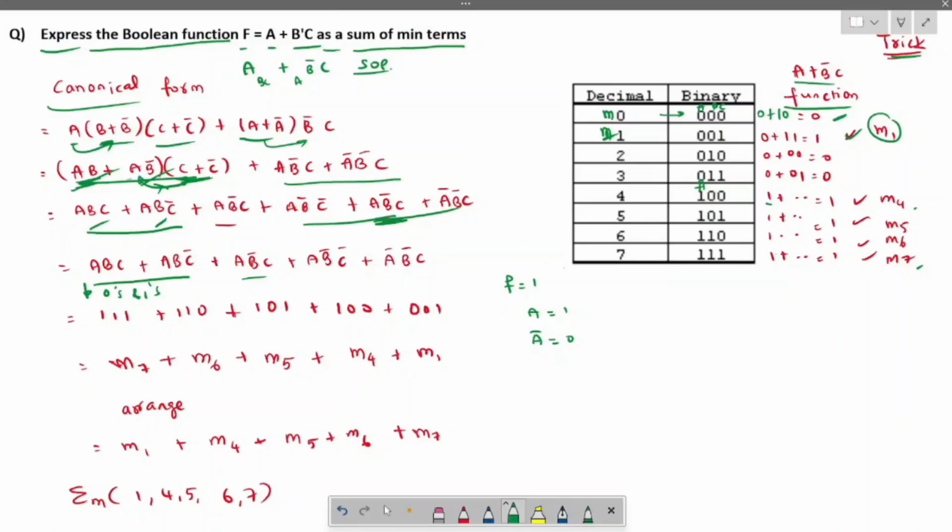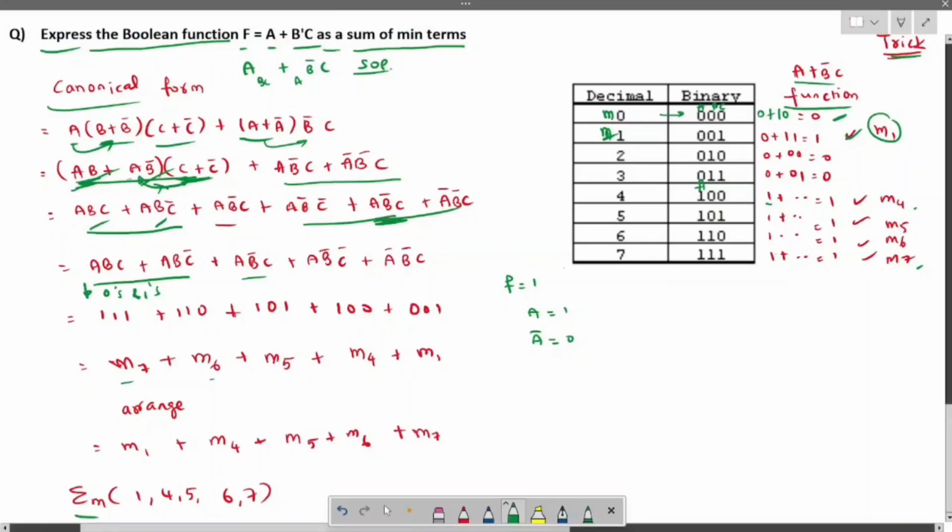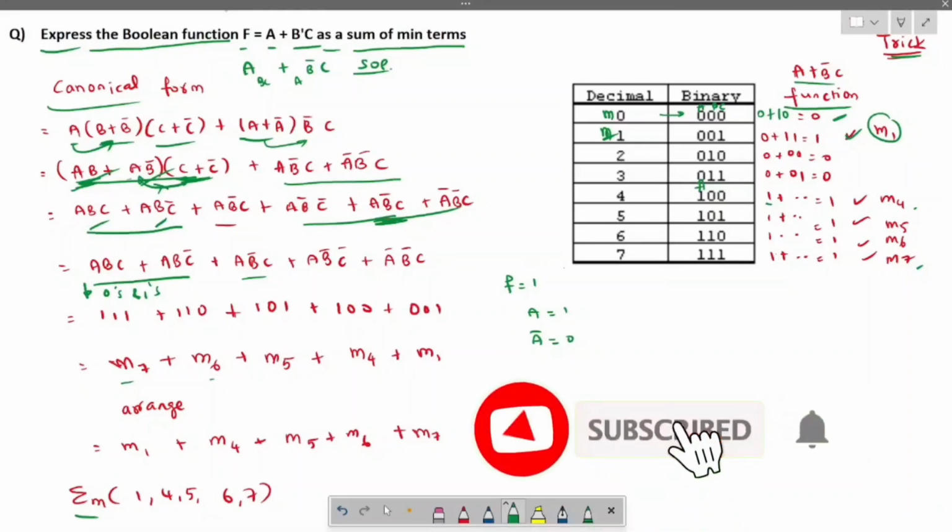Triple ones is minterm 7, then m6, m5. When we arrange them, we get m1, 4, 5, 6, 7, represented as the summation of small m with all the suffixes 1, 4, 5, 6, 7. What we saw in the trick also gave 1, 4, 5, 6, 7.